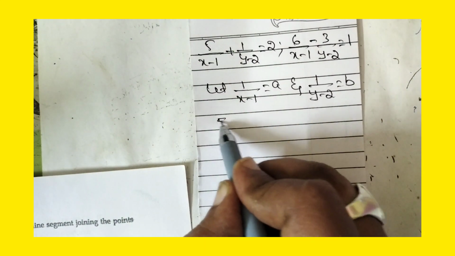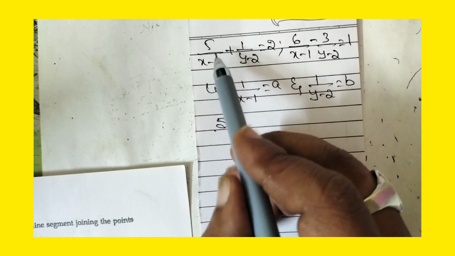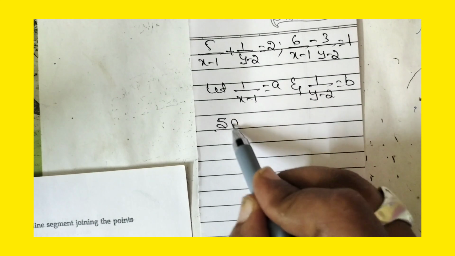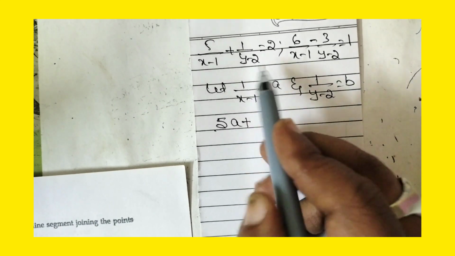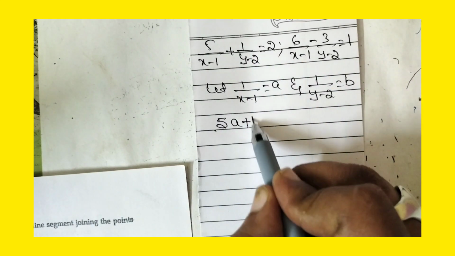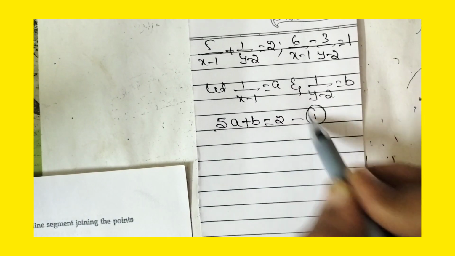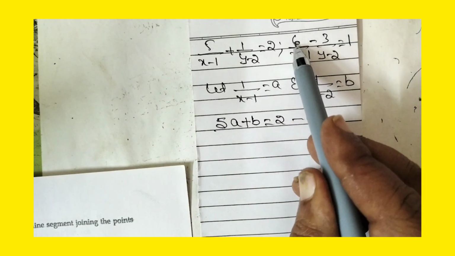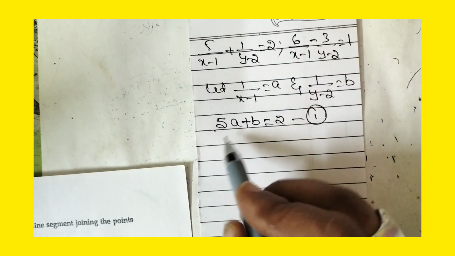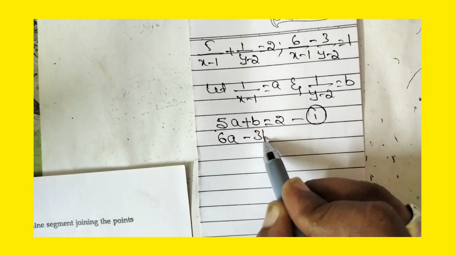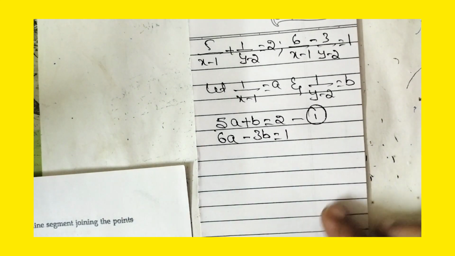Now 5 divided by x minus 1 is 5a, plus 1 divided by y minus 2 is b, which is equal to 2. Call it equation 1. Next, 6 divided by x minus 1 is 6a, minus 3b is equal to 1.